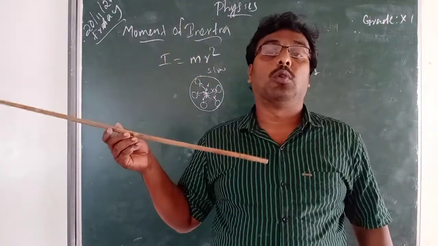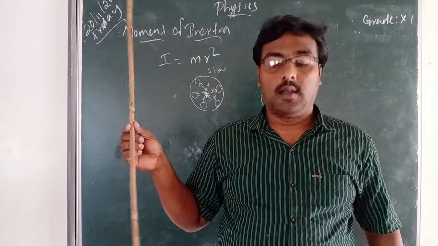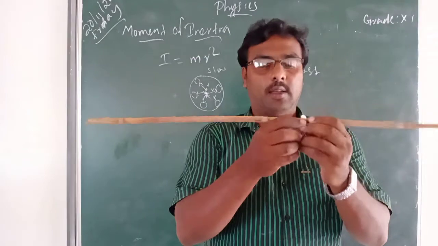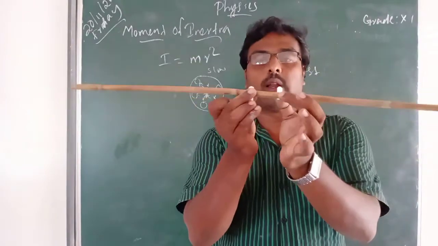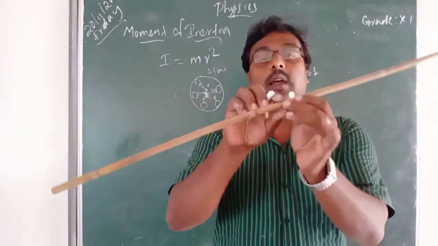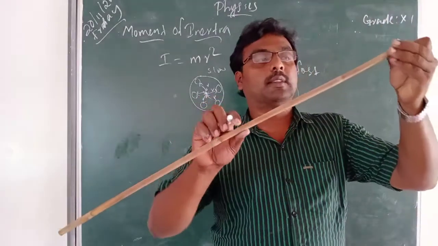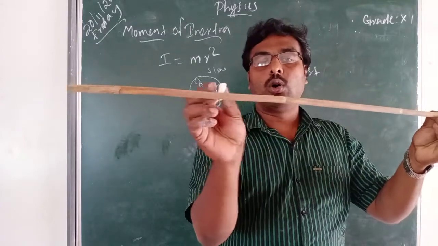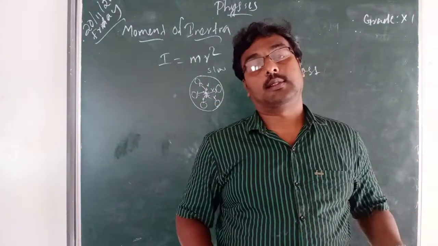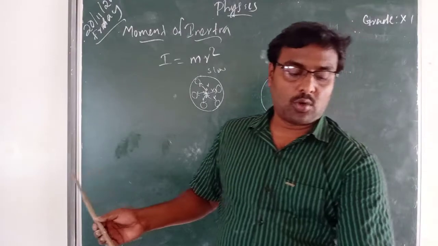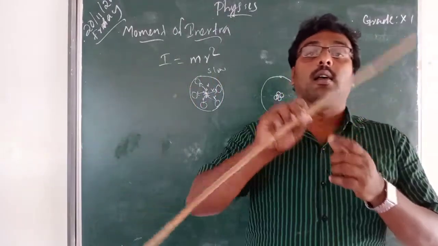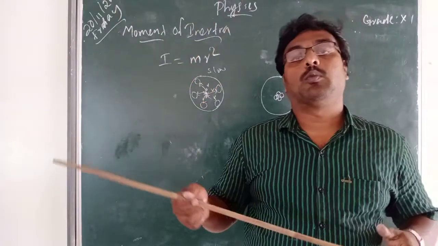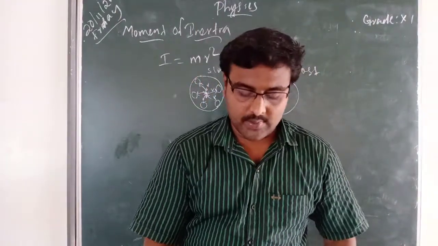Which one will feel easier? So this distance is more, this distance is less. When the distance is more, it resists the angular acceleration, this motion. That is what we call moment of inertia.